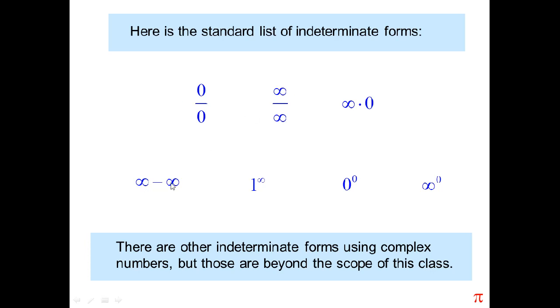So that's how you deal with all these. All right, that is all of this little short segment. So definitely look at these and think about how you could change them over into the two forms we can use L'Hopital on.